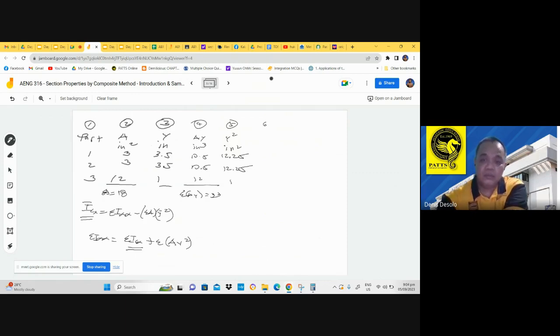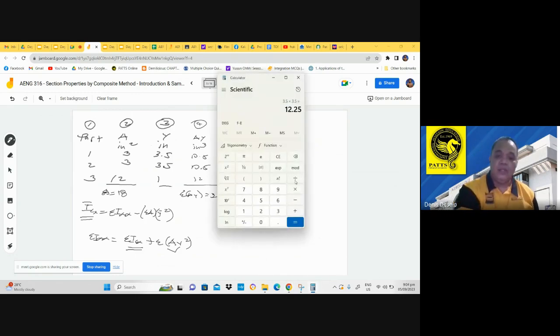In the sixth column, since we will need the product of the area and y squared, we multiply the second column to the fifth column. So the units become inch to the fourth. Basically, that's 3 times 12.25. Calculator again.